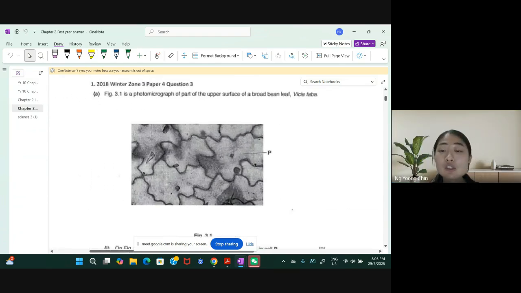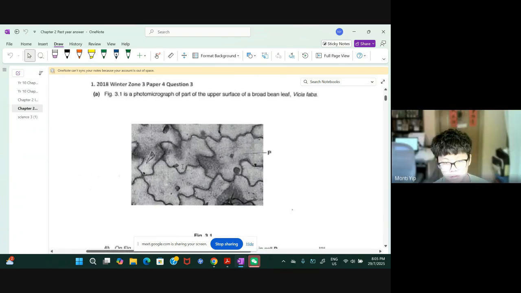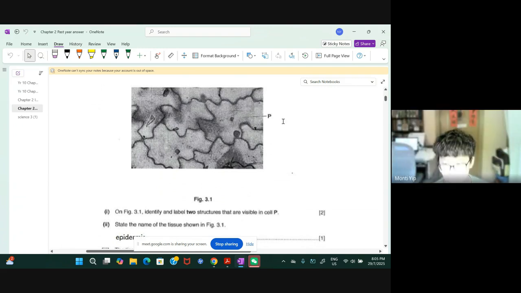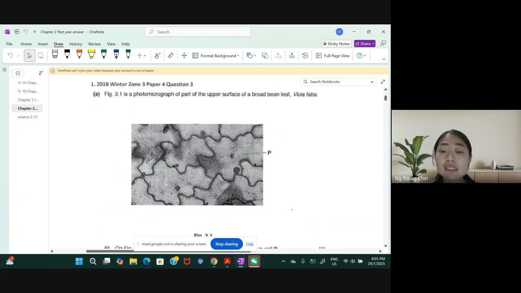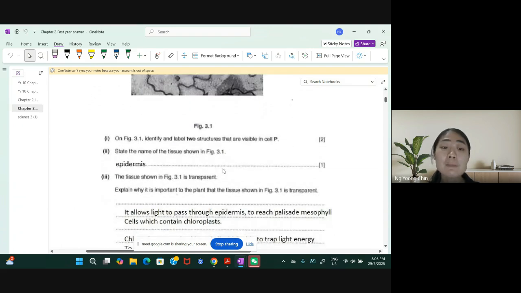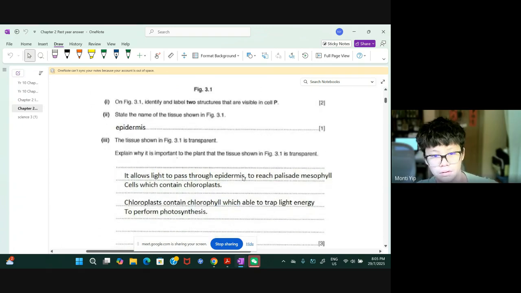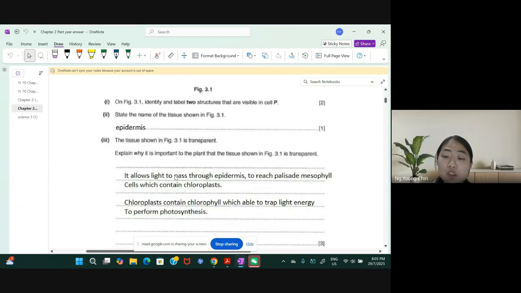Just see this example of a question. They give you a picture, right, and then they ask you what this is. You just identify this is a nucleus, and the upper surface of the leaf wall. That means this layer is the epidermis. Usually the epidermis is transparent, because they ask you why it's transparent.